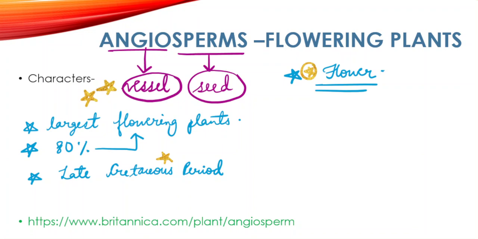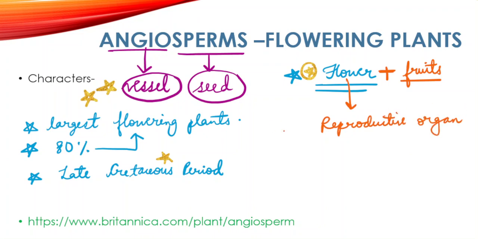Not only flowers, but they also have fruits. Flowering plants also have fruits. So here the flower acts as a reproductive structure, you can say reproductive organ.